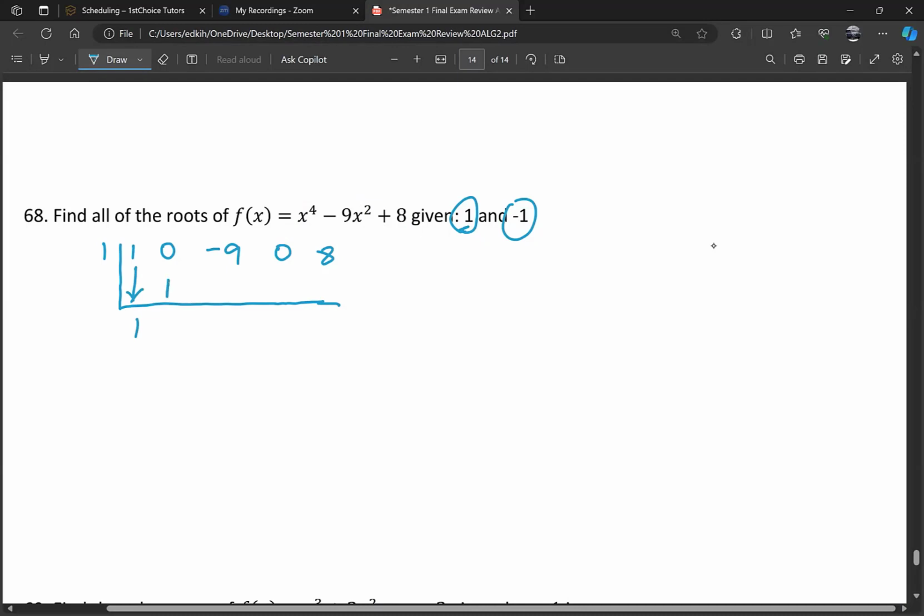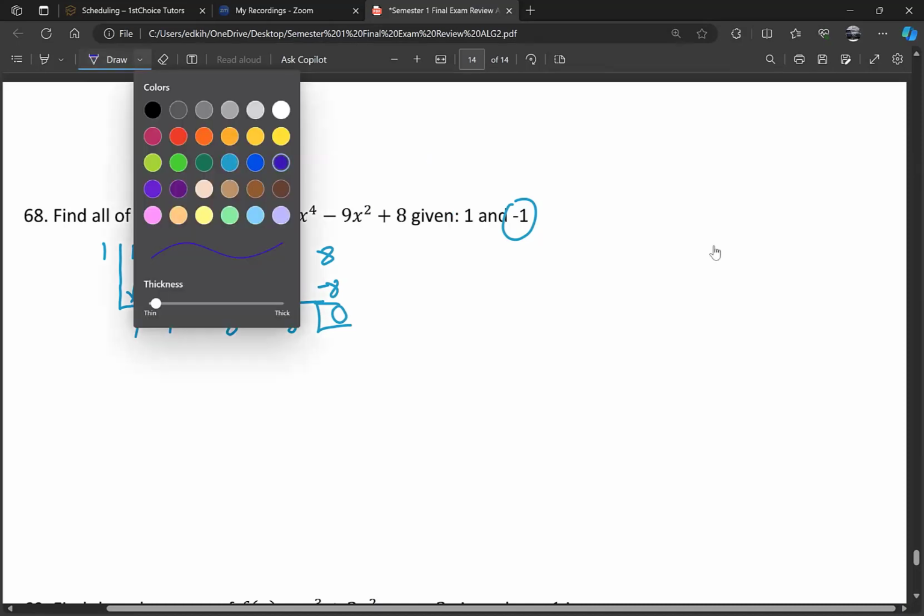Drop the 1, multiply, add, multiply, add, -8, multiply, add, multiply. So this ends up being a 0, which we knew because we were given that's a solution. So we've spent this one already. So now we repeat this using the other thing that we were given, which is a -1. We're going to continue the synthetic division.